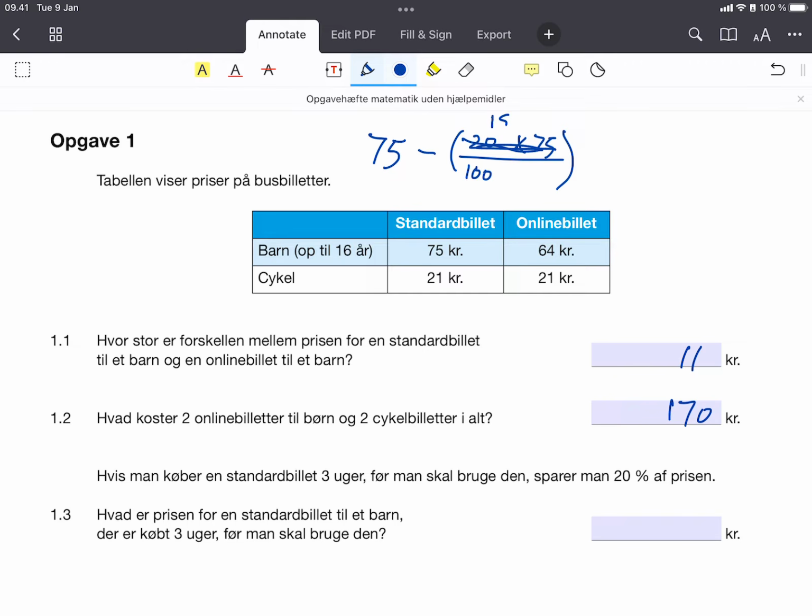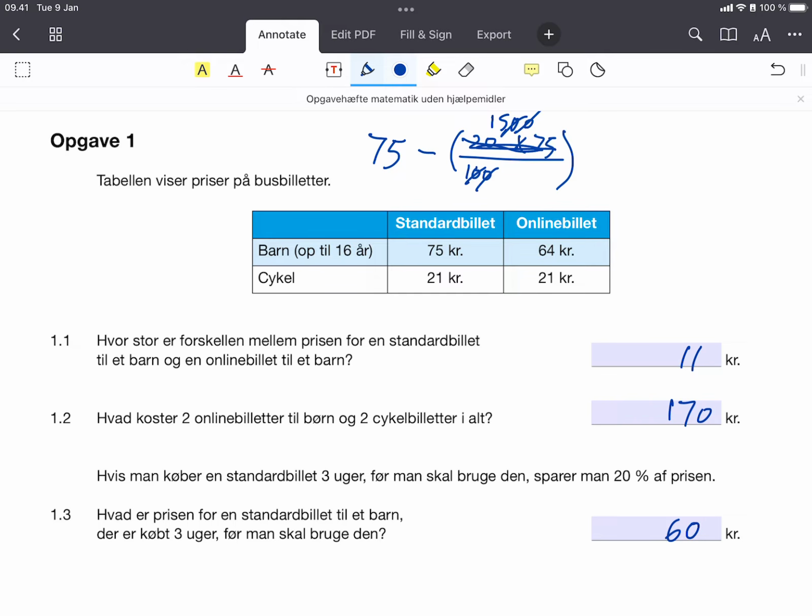So that's 1,500. And then a couple of zeros cancel on the top with the bottom to give you 75 minus 15 is 60 kroner. 60 kroner as the final answer for that one.